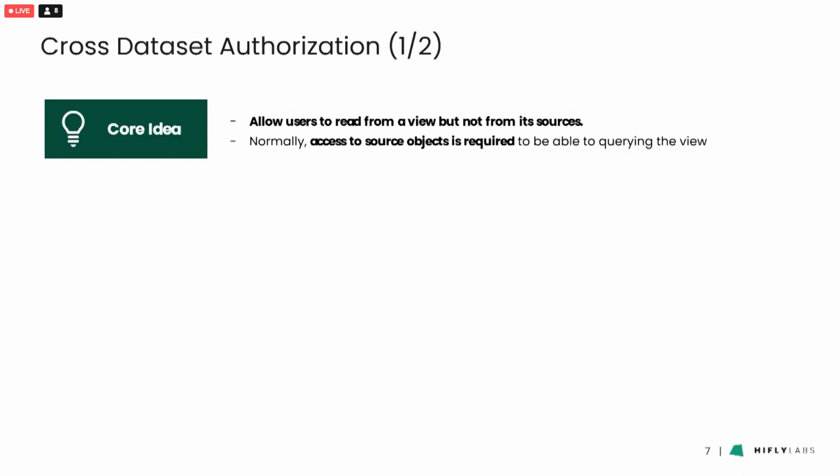This is very unconventional. So if you deny a user access to the source of a view, in most data warehouses or most database systems, they will not be able to select from the view either. Now, this is something that's possible in BigQuery.